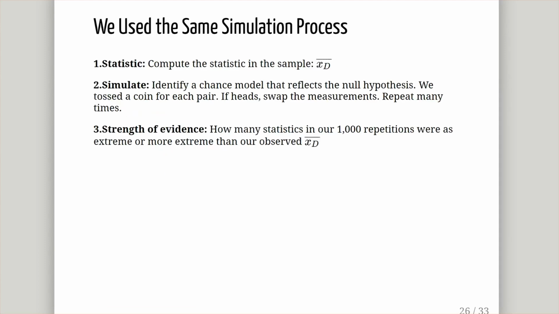Okay, so we calculated our sample statistic. We performed a simulation and even more simulations, made our null hypothesis, and we counted how many statistics were as extreme or more extreme than the sample statistic.